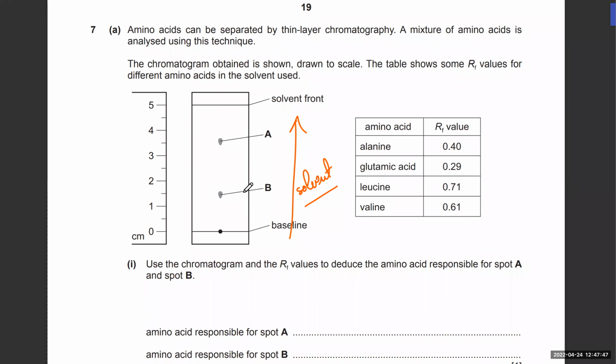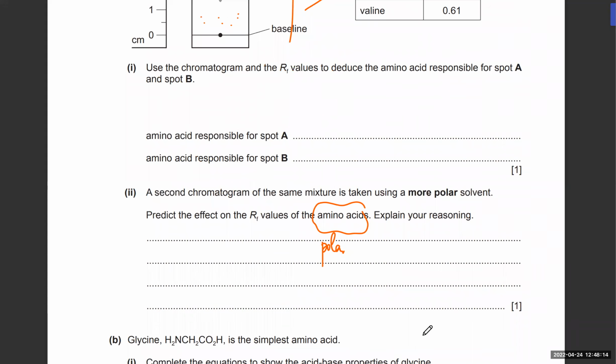And if the mixture gets attracted to the gel which is on the metal plate, then it will stop moving. The gel on the metal plate is your stationary phase. If that particular substance gets attracted to the gel, then it will stop moving. If it's more soluble in the solvent, it will keep moving, so it's going to travel a longer distance.